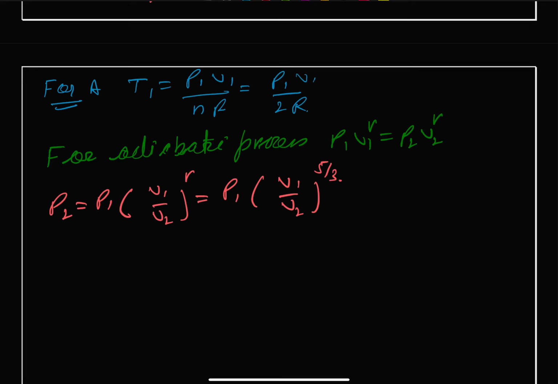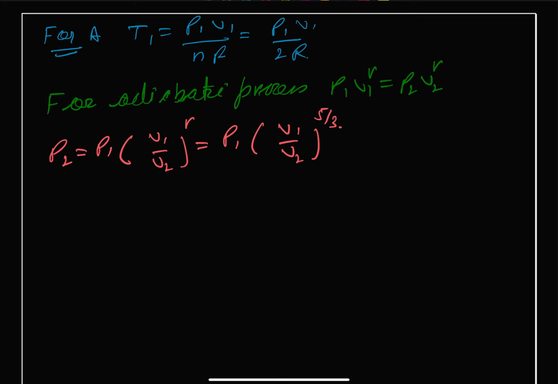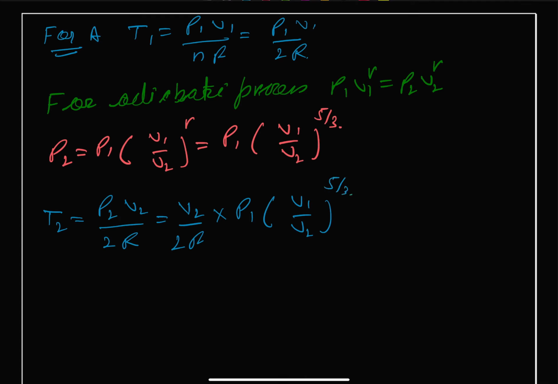Now we can find out our T2. T2 is equal to P2 V2 upon 2R, and we substitute it, we get V2 upon 2R multiplied by P1 times V1 upon V2 raised to the power 5/3.